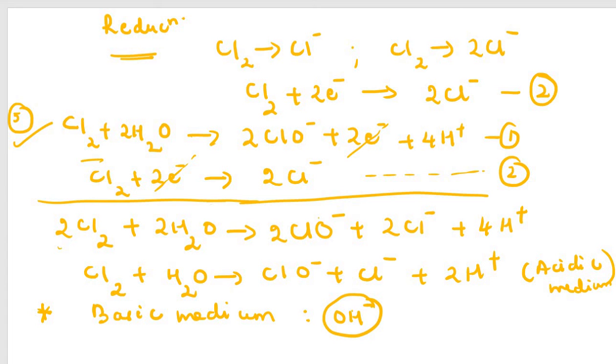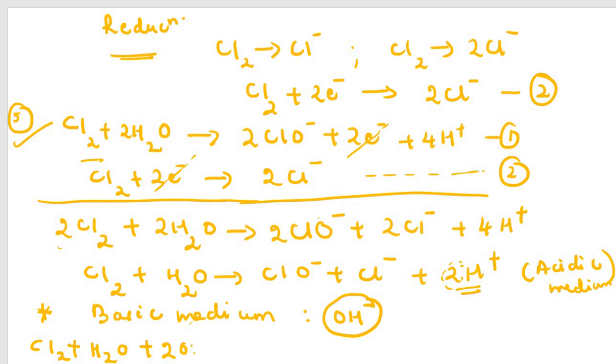Where will you be adding the OH minus ions, and how many? However many H plus ions there are, that many OH minus you can add on the same side. So we can write Cl2 plus H2O plus how many OH minus ions should we add? We should add 2 because 2 H plus ions are there.